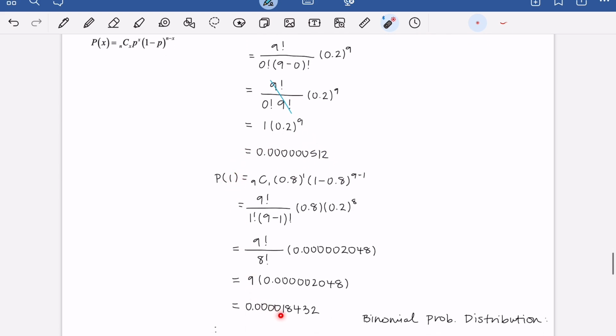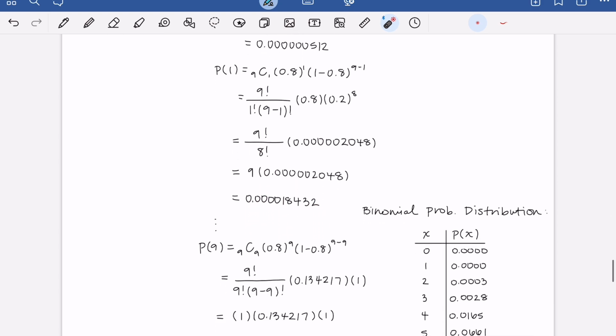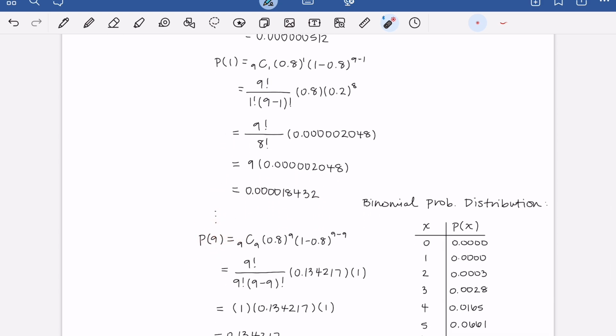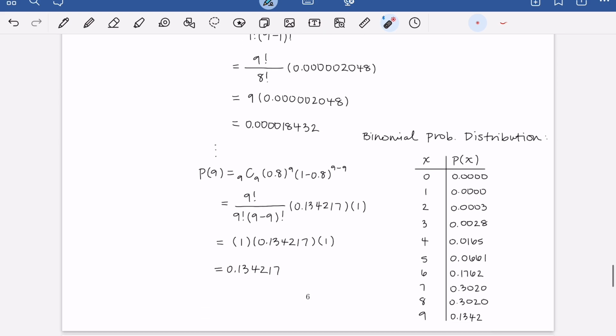The probability of having one success, we're also going to round to zero, and we repeat this all the way up to the probability of having nine successes, which we're going to round to 0.1342. Putting this into a table, we have our binomial probability distribution. Of zero successes, our probability is zero. Of one success, our probability is zero. Repeating this all the way up to having nine successes, our probability is given by 0.1342.